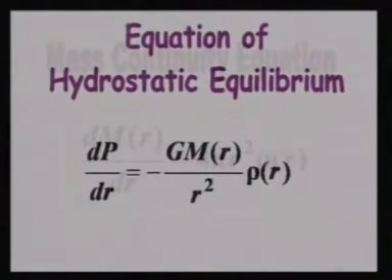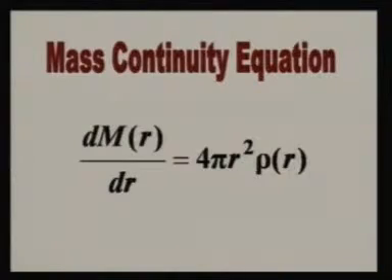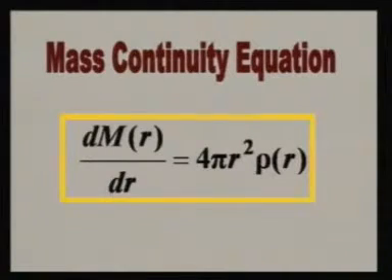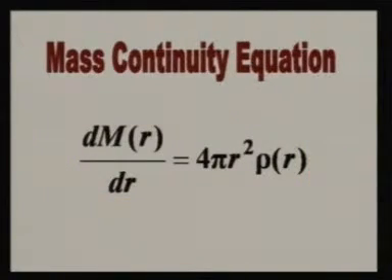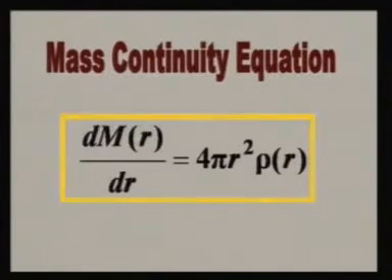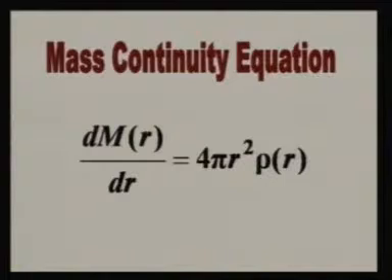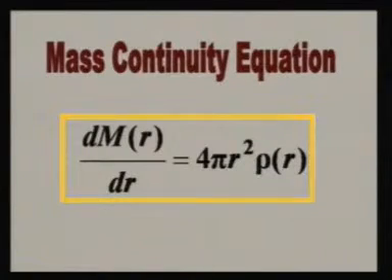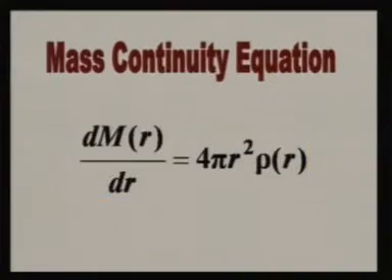We shall see that the equation of continuity of mass uses this M(r). So it is dM(r) by dr equal to 4 pi r squared times rho(r). If you take dr on the other side, you will get 4 pi r squared times dr times rho(r), which is nothing but the mass in the shell of width dr.